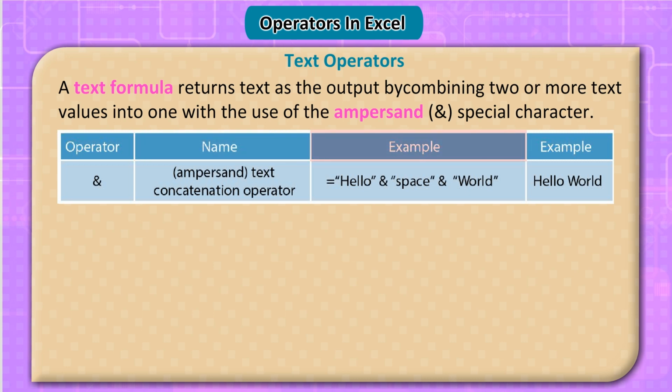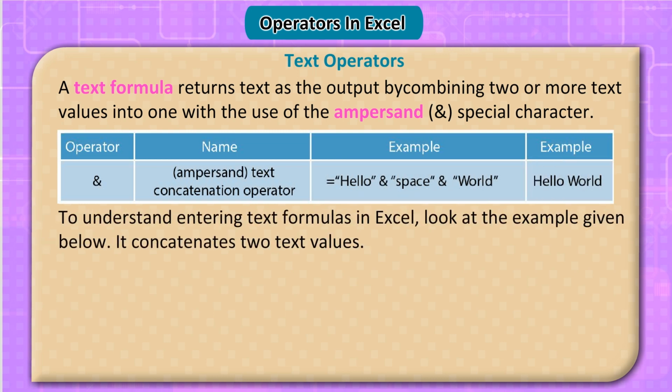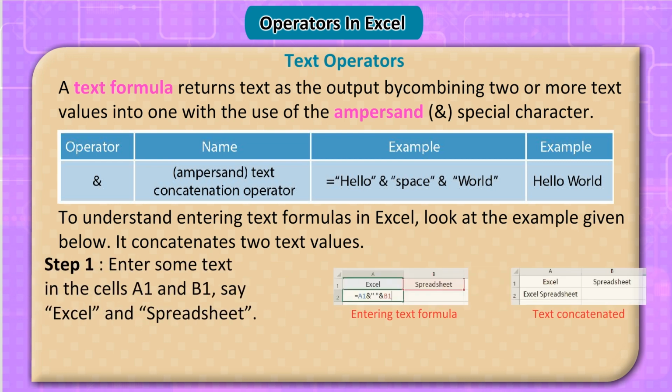Name: ampersand, text concatenation operator. Example: equal to "Hello" & " " & "World". Result: Hello World. To understand entering text formulas in Excel, look at the example given below. It concatenates two text values.